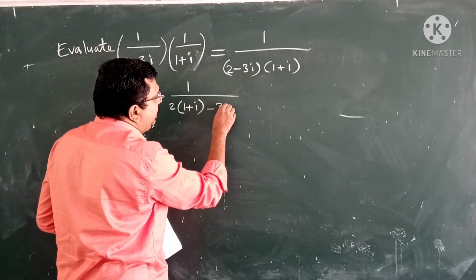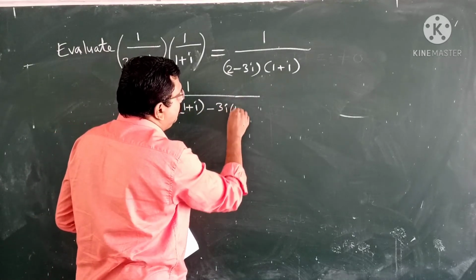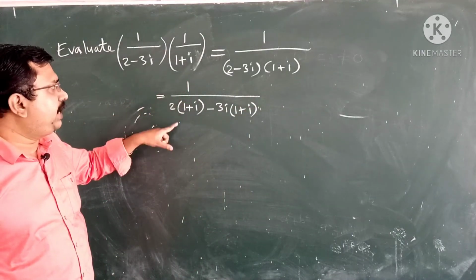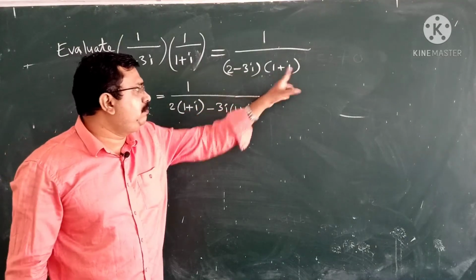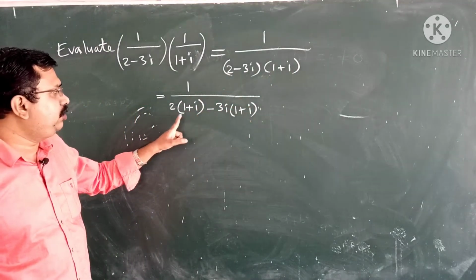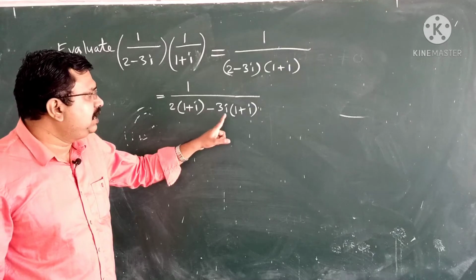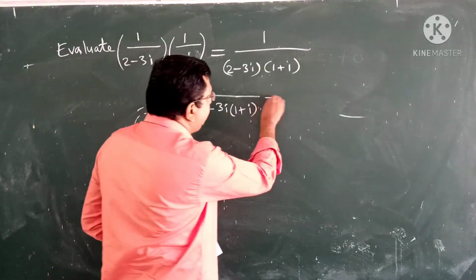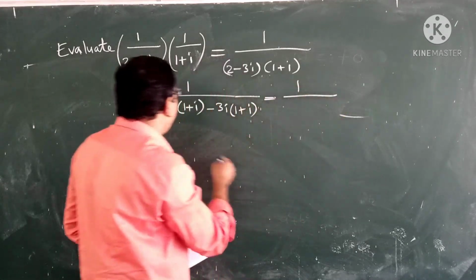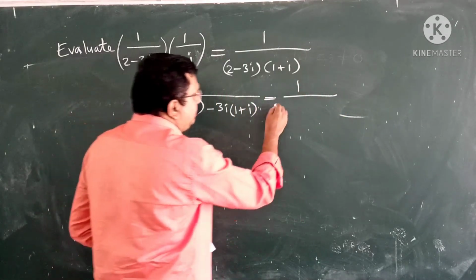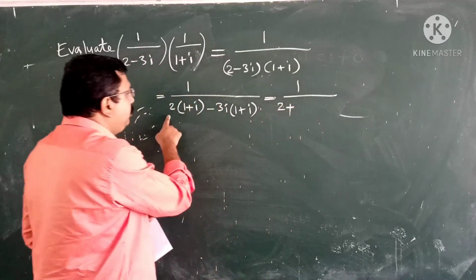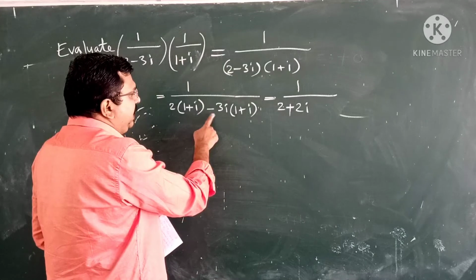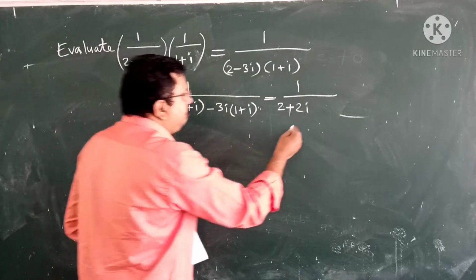We want to find 1 by (2 minus 3i) into (1 plus i). This can be written as 2 into (1 plus i) minus 3i into (1 plus i). That is equal to 1 divided by: 2 into 1 is 2, plus 2 into i, 2i. Next, minus 3i into 1, minus 3i.